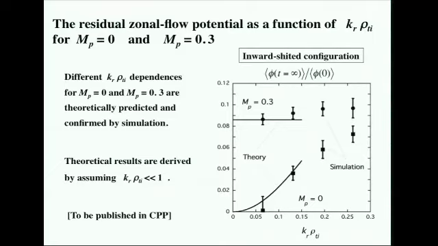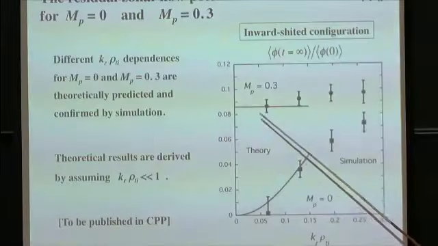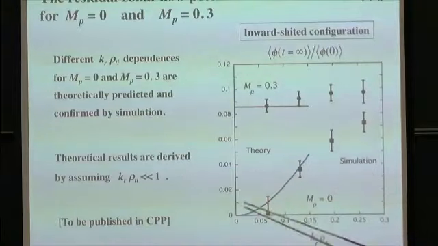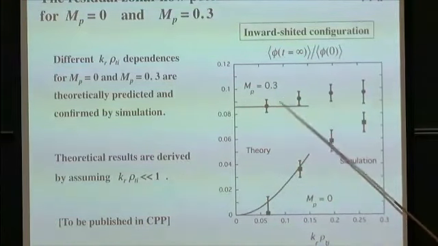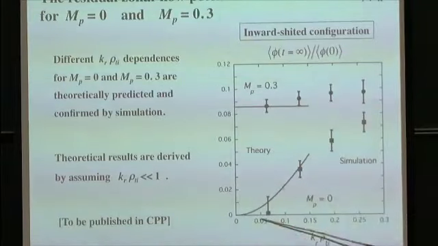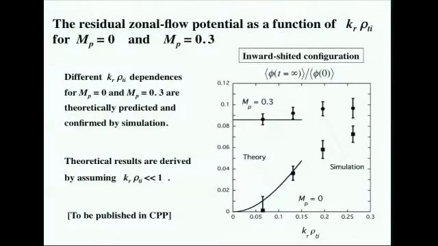And we have done a comparison between gyrokinetic simulation and analytical theory. The solid curves correspond to theory and the symbols are simulation. And for M_p equals 0, as questioned by Gabe-san, if we have no radial electric field, in the limit of zero radial wave number, the zonal flow vanishes.